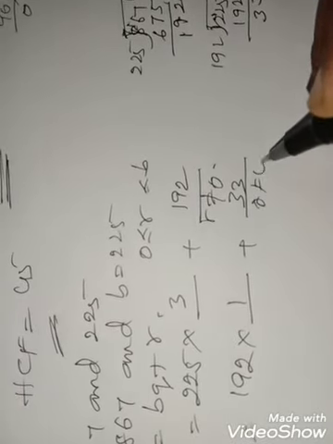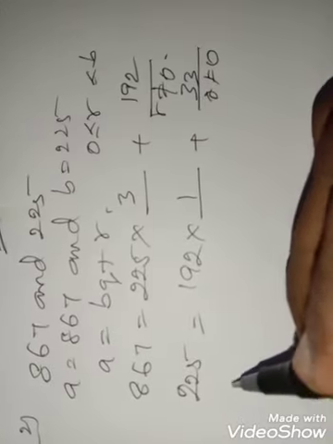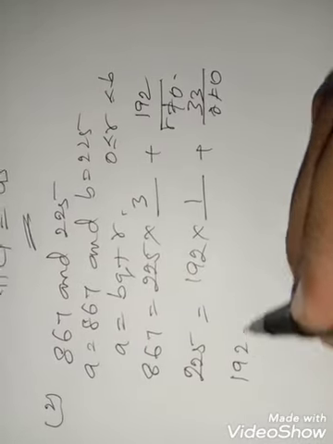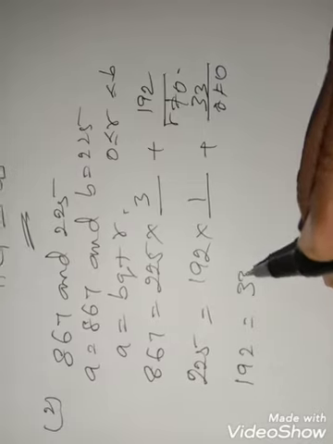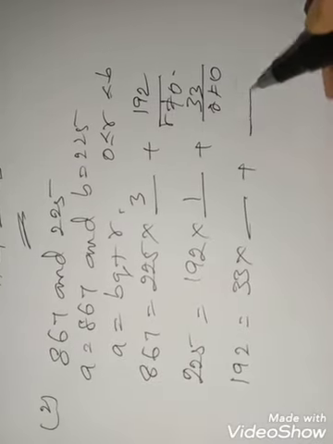Again the remainder is not equal to 0. So the process continues: 192 is equal to 33 into dash plus dash.